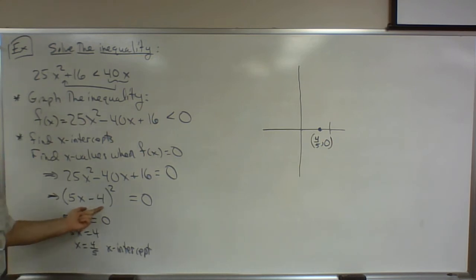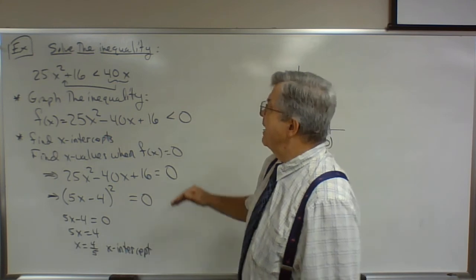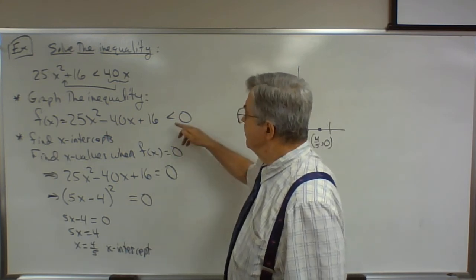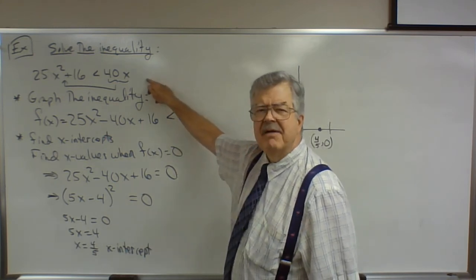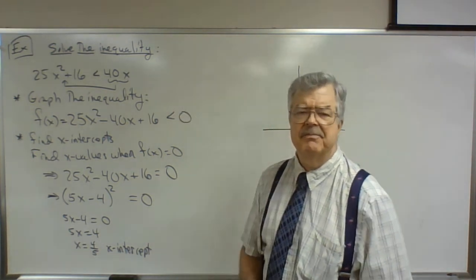But can it ever be negative? Can we square a real number and have it be negative? No. So this graph never goes below the x-axis.